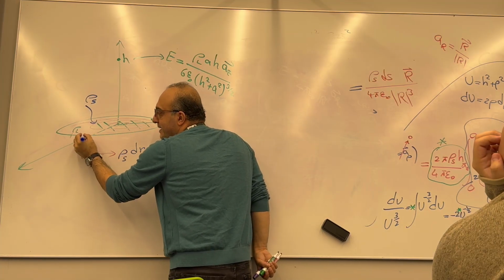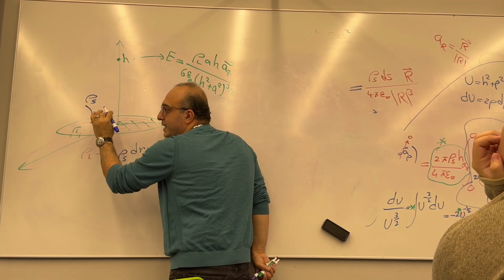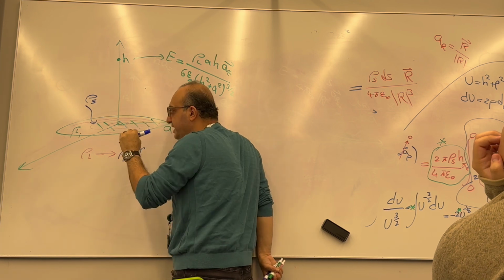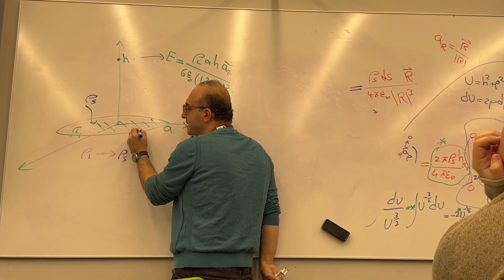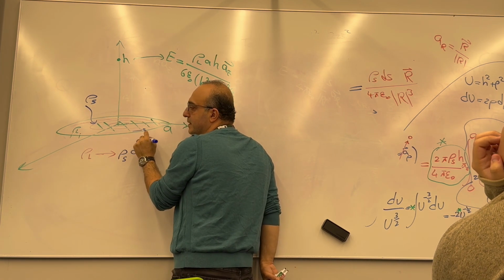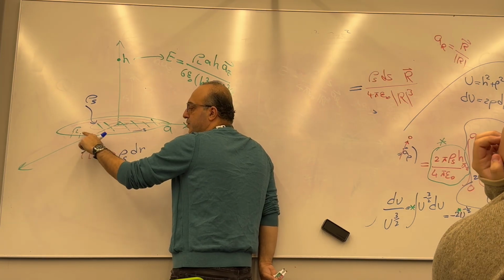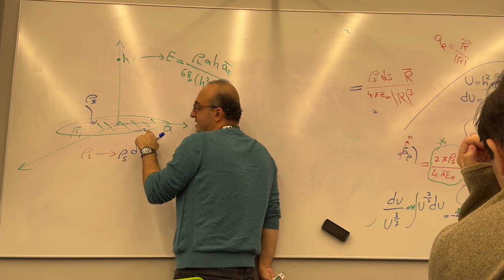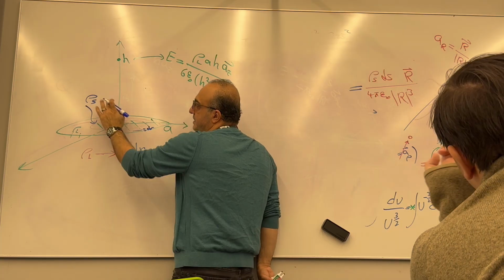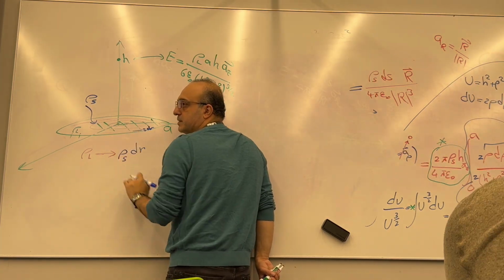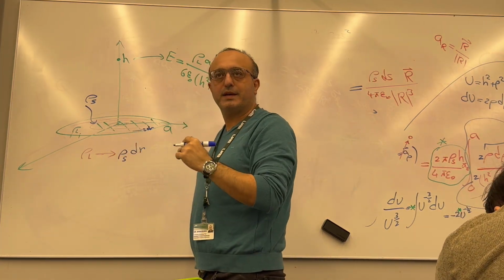Now, if we multiply this rho S with a little bit of dr, it becomes rho L, okay?